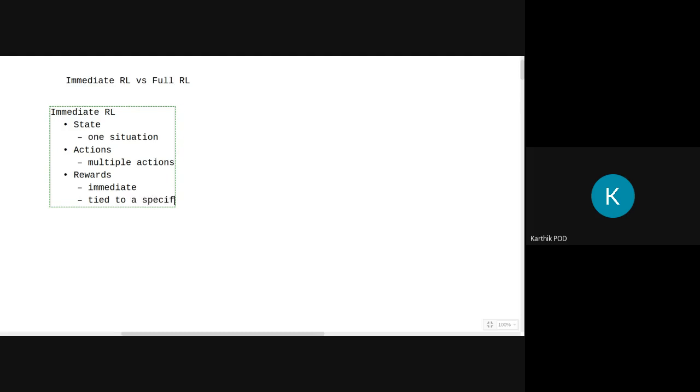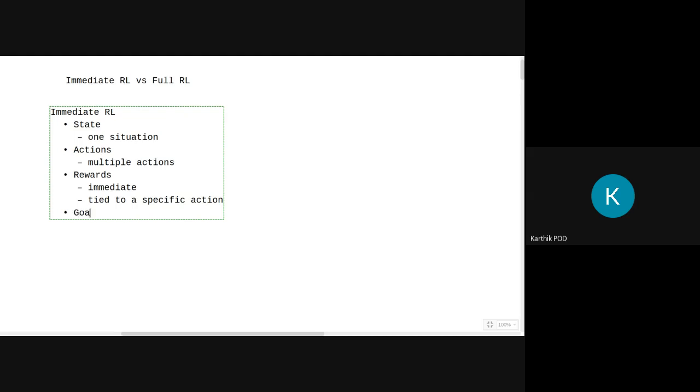So there's no problem of assigning credit to an action, because you know that the reward you get is tied to the action taken prior to getting that reward. It's a one-to-one mapping between rewards and actions.